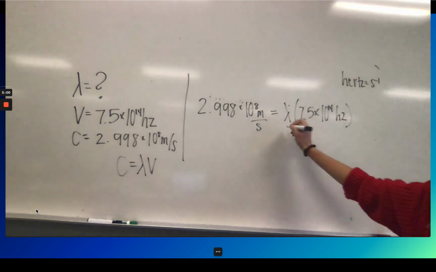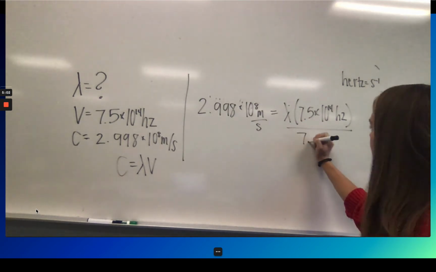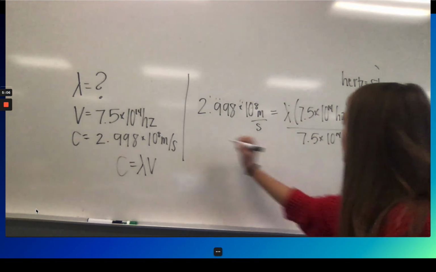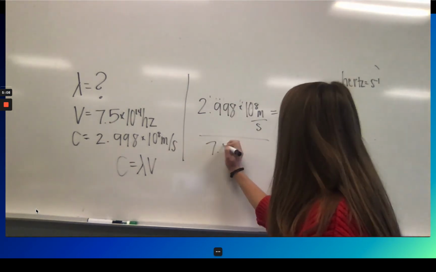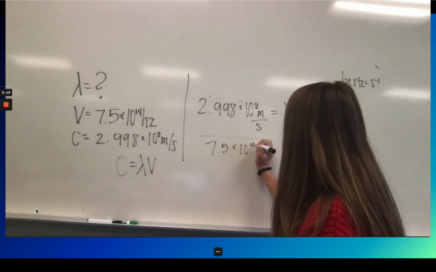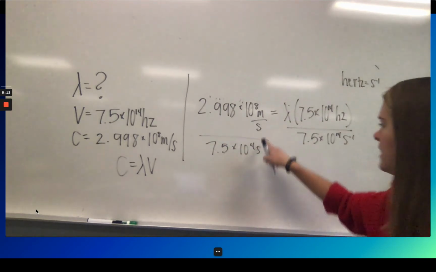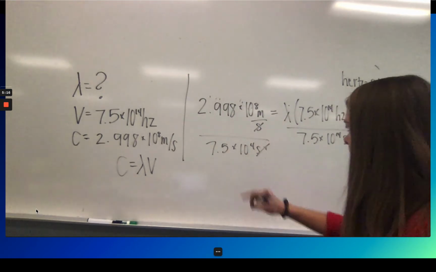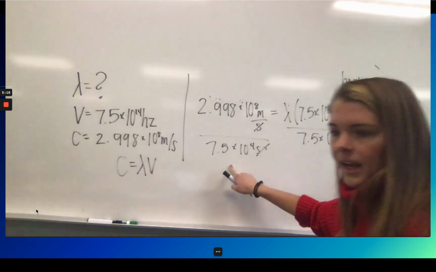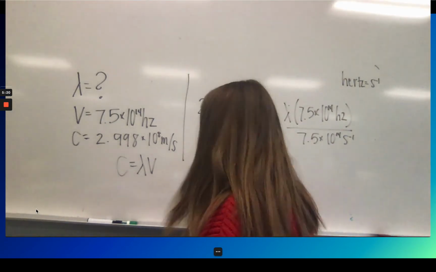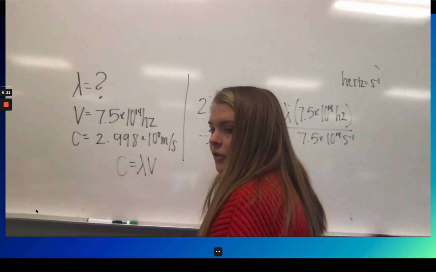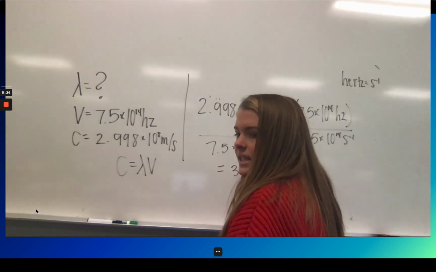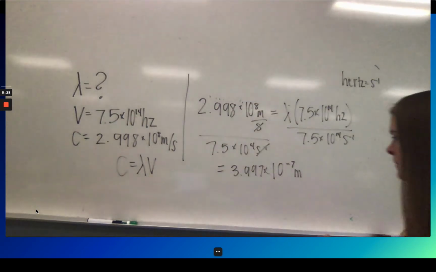What we're going to do is divide by both of these on both sides. We can now see that we have seconds on the top and a seconds to the -1 on the bottom, so we can get rid of those technically. And we're going to divide these, and when we divide these, we get an answer of 3.997 times 10 to the negative 7 meters.